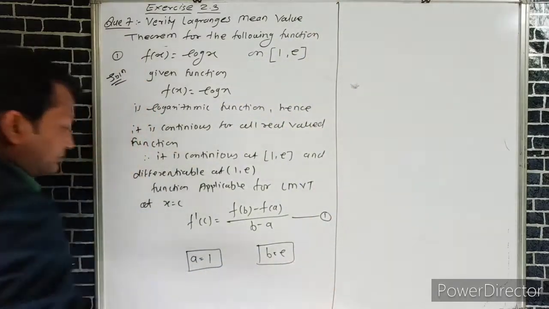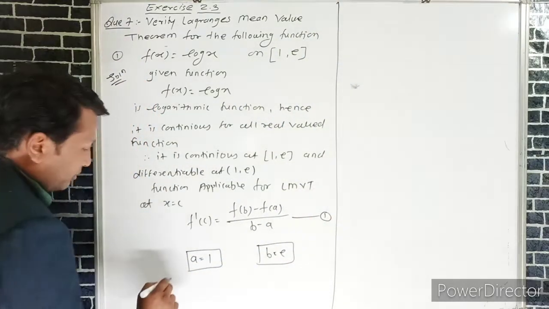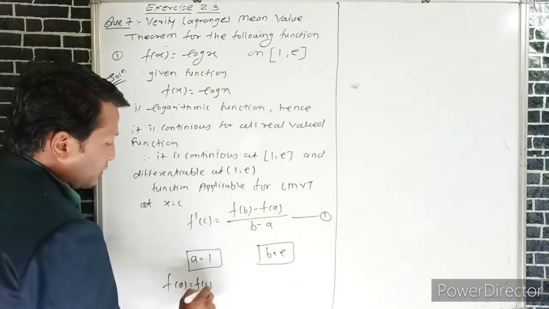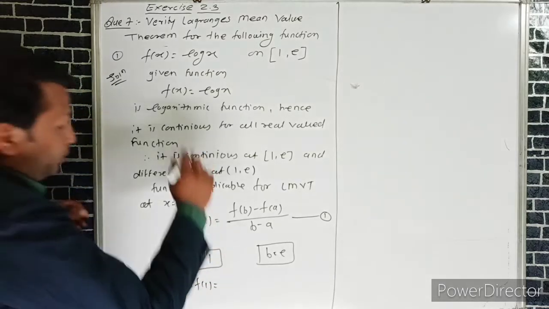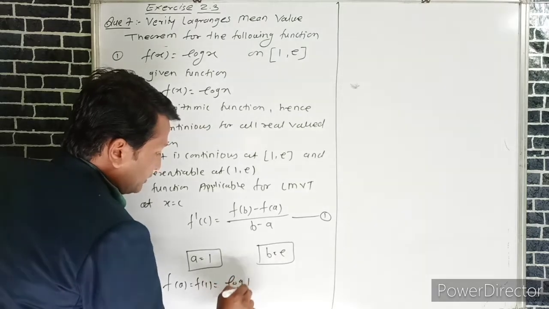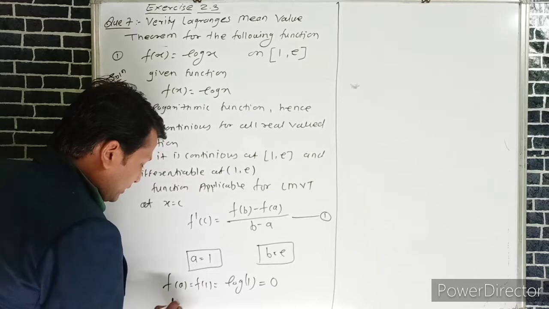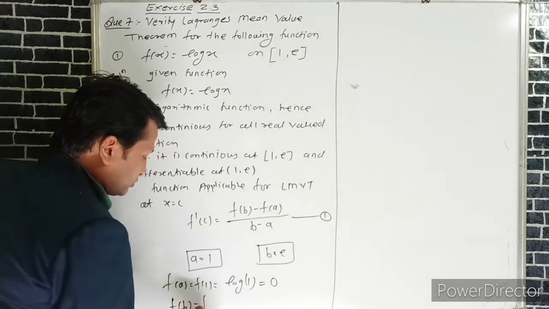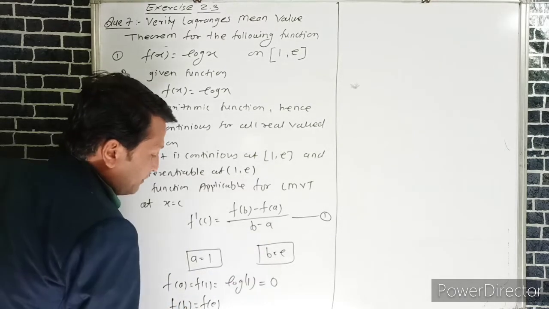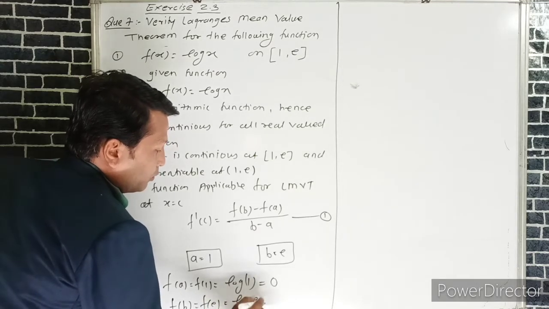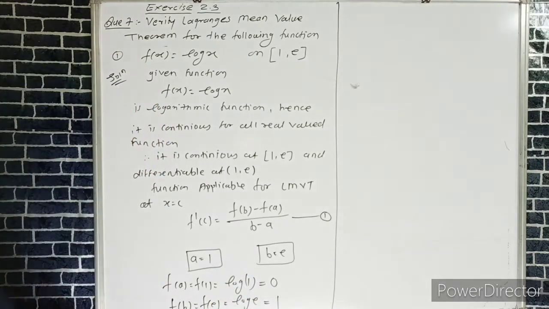After that, to find f(a): f(a) is equal to, since the value of a is 1, log 1, and we know that the value of log 1 is 0. Again f(b) is equal to f(e), which is log e, and we know that the value of log e is 1.